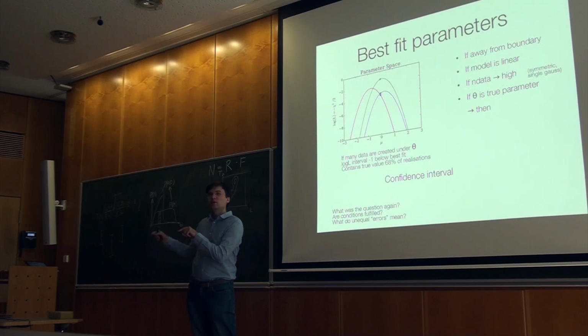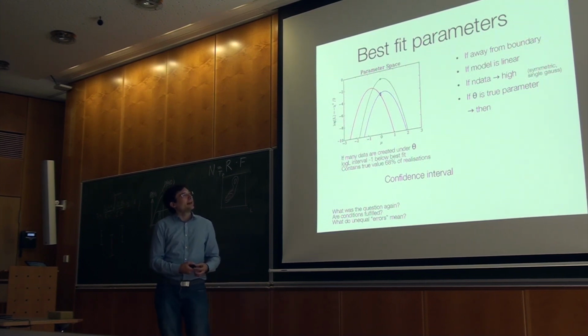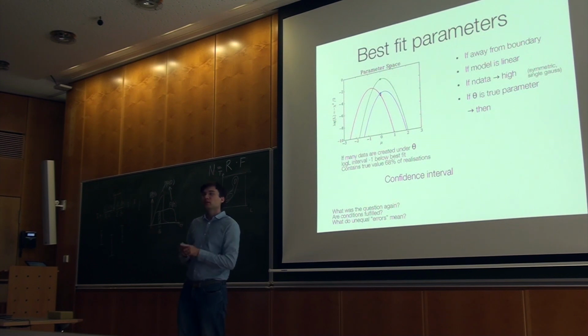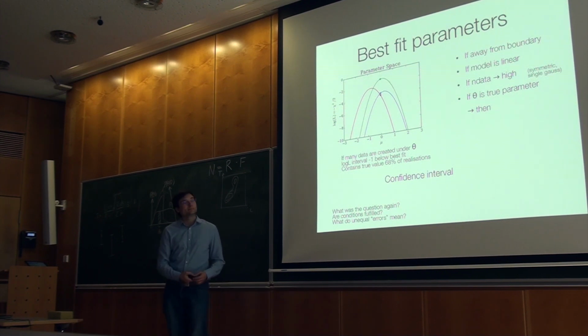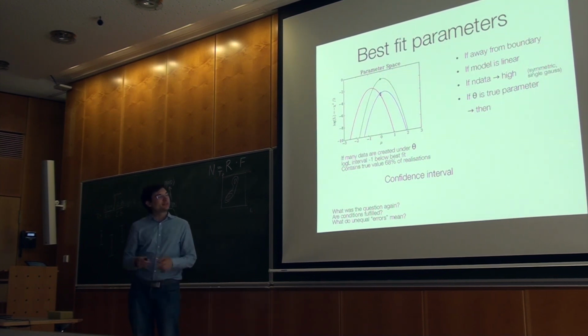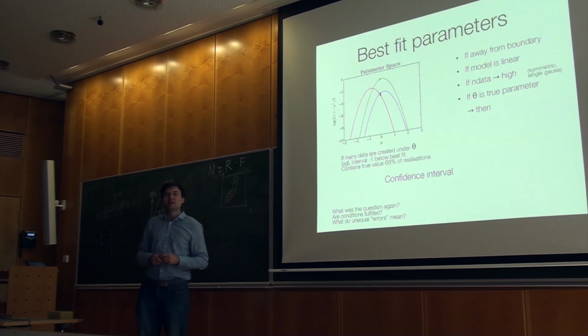You get all of their best fits, and you construct a confidence interval: you go to their best fit, you go down by 1 unit in log likelihood on both sides, and that will be your interval. Now the idea is that all of these confidence intervals that you build will contain, let me see if I get this right, 60% of the time the value you put in.